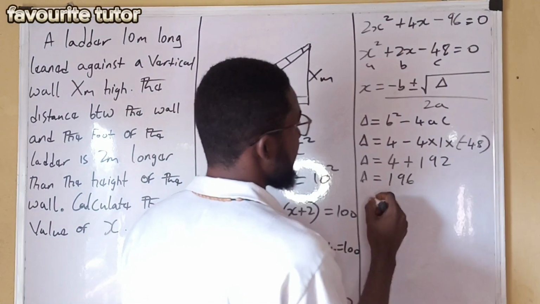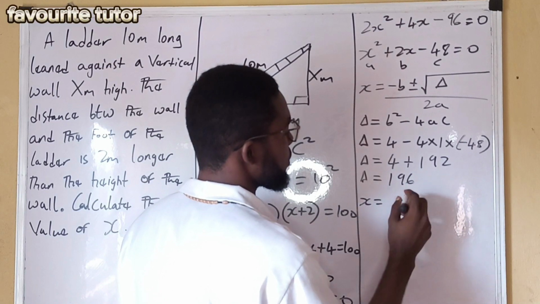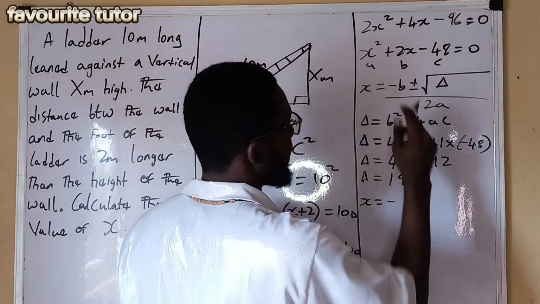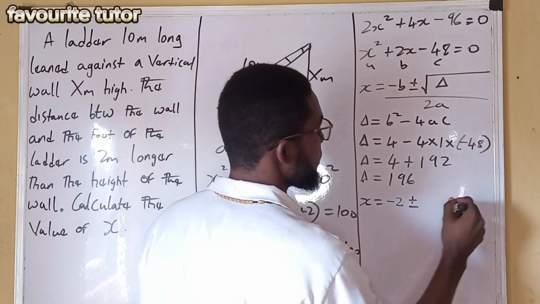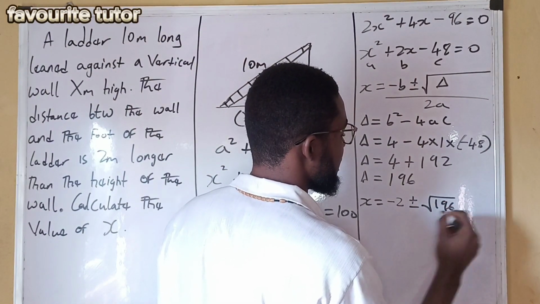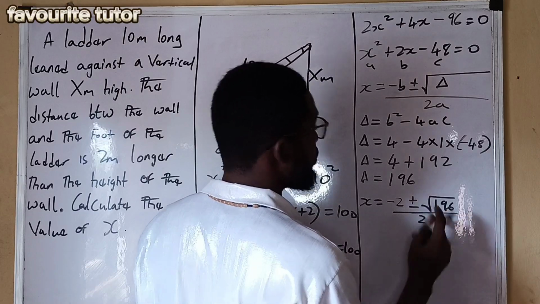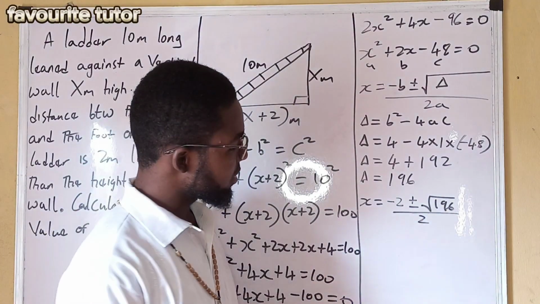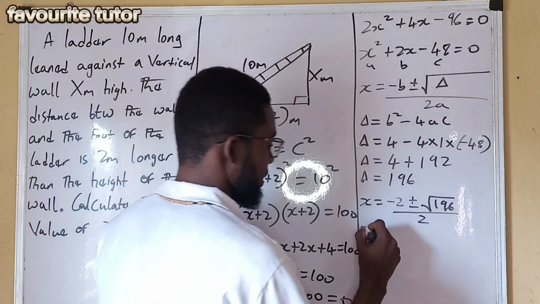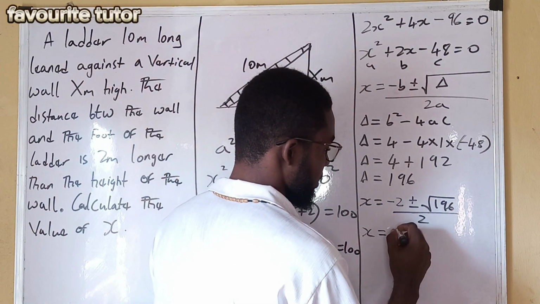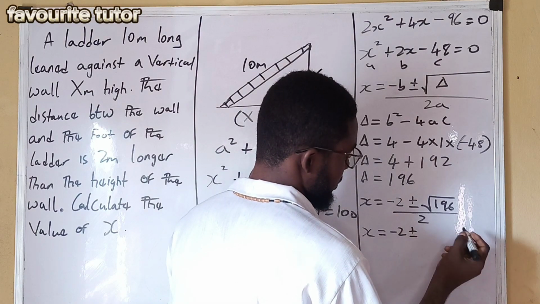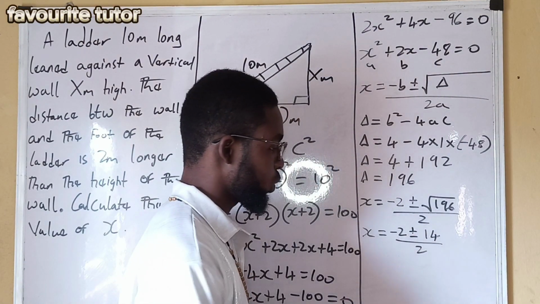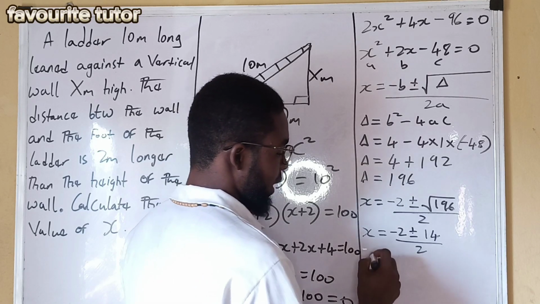So x equals minus b, that is minus 2, plus or minus the square root of 196, all over 2. The square root of 196 is 14. So x equals minus 2 plus or minus 14 all over 2. I'm going to have two values for x.